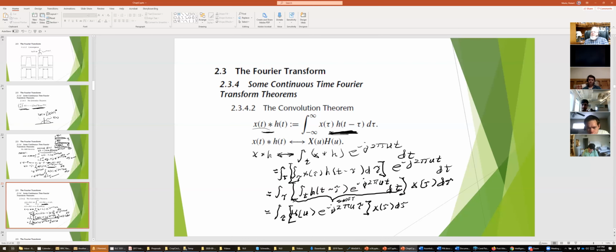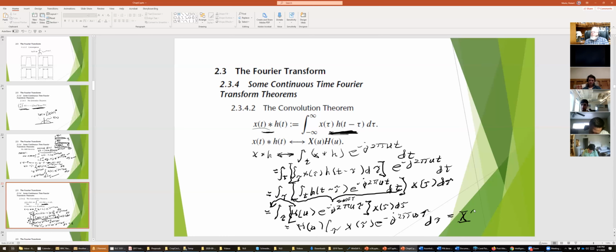This is really nice because now we can factor the h outside, and we get h of u times this integral. And this integral is recognized as the Fourier transform of x. So look, we are home.